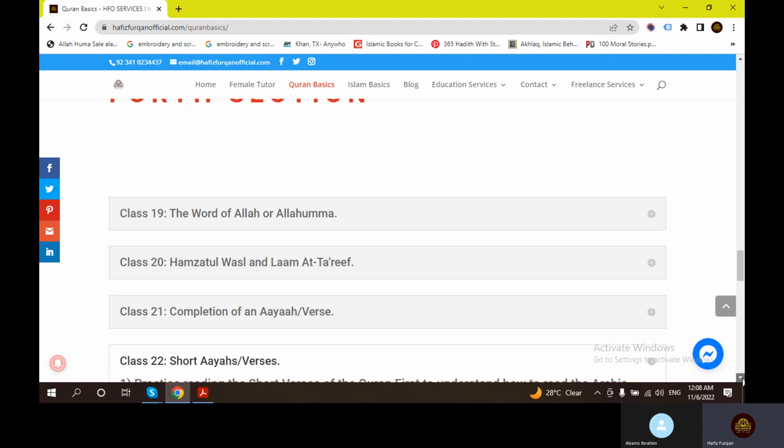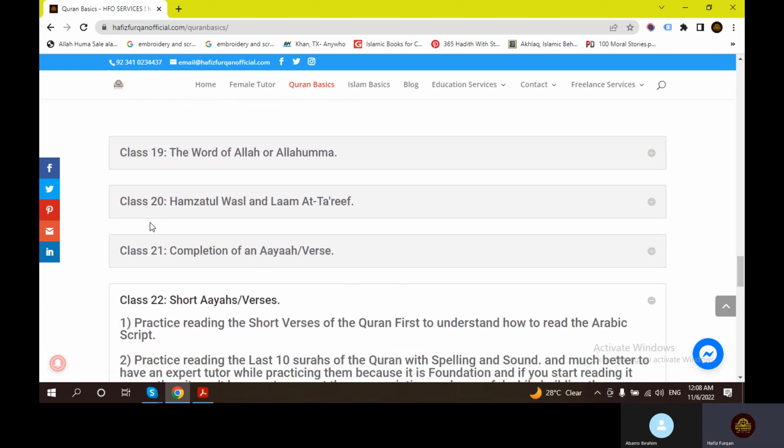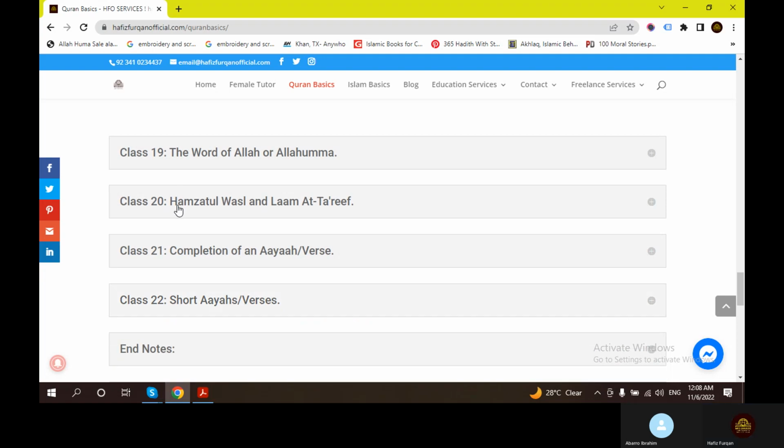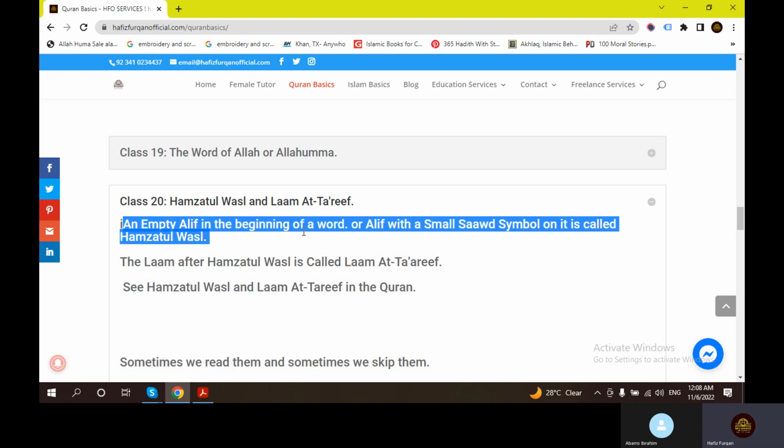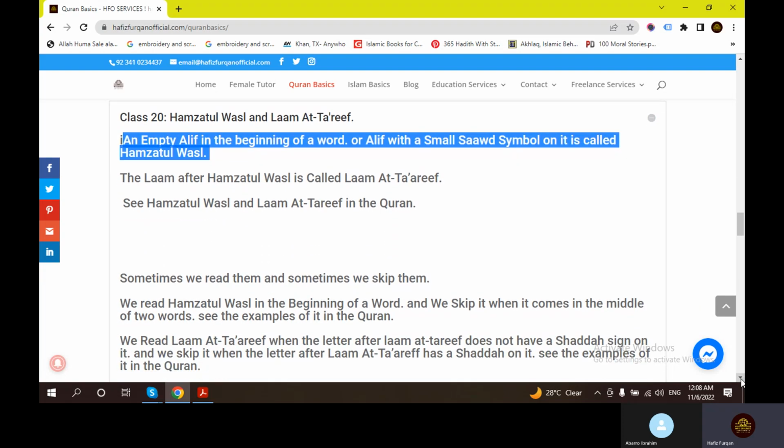In the fourth section, you are going to see class number 20. What is this saying? An empty alif in the beginning of a word, or an alif with a small sod symbol on it, is called Hamzatul Wasl. So when they ask you what is Hamzatul Wasl, you will say that.